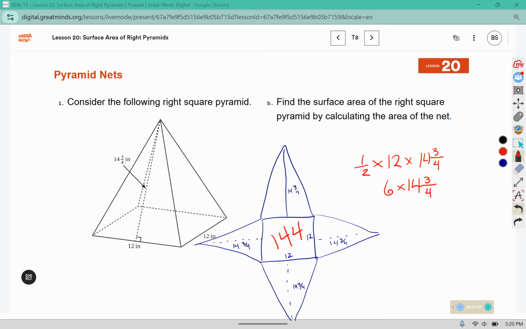You can change 3/4 into a decimal if you'd like to. 3/4 is worth 75 cents, so this is 14.75 times 6, and that is 88.5 for each of these triangles.